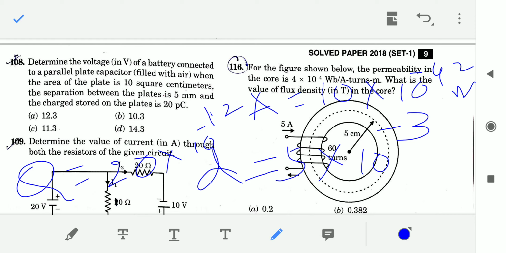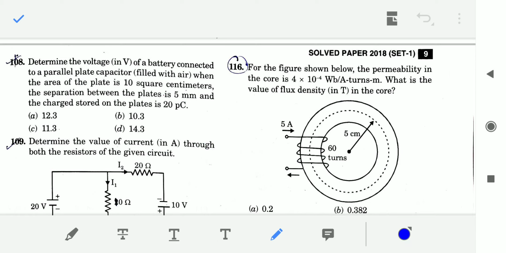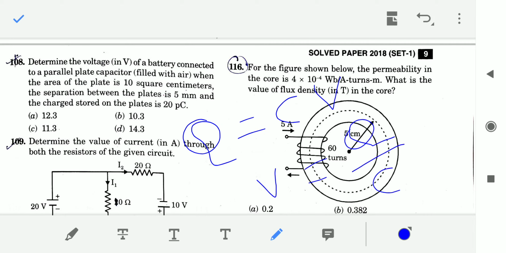So these are the values given, sir. And what is he asking? Voltage. So we know Q equal to CV, then V equal to Q by C. But we know the Q value, 20 into 10 power minus 12, but we don't know the capacitance, so we have to calculate the capacitance first.